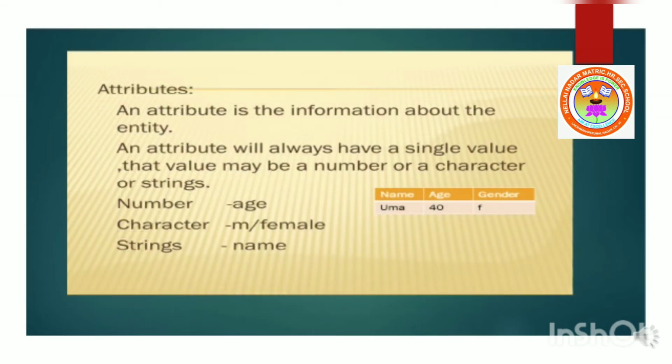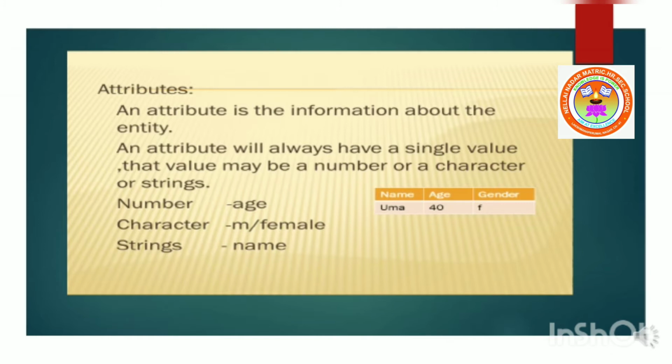Coming to attributes, second concept of ER model. Before attributes, what we have seen is entity, entity types, and entity instance. Now, attributes. An attribute is the information about the entity.